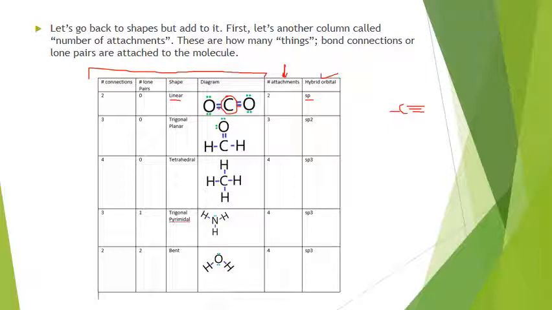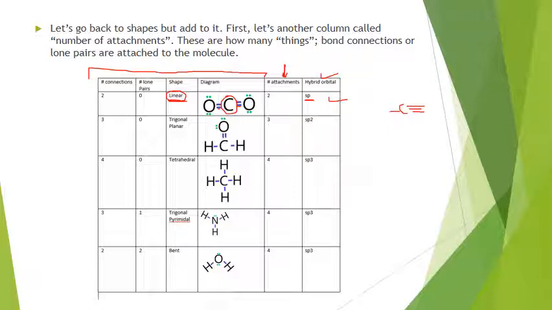That's going to be the general case: whenever you have a linear molecule, the hybrid it will form will be sp. So that's pretty cool. What this does is if you know the shape, you can figure out the hybrid orbital.